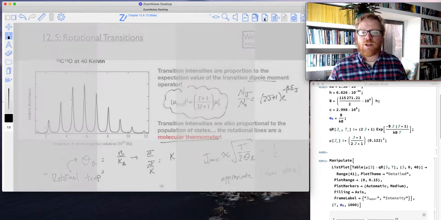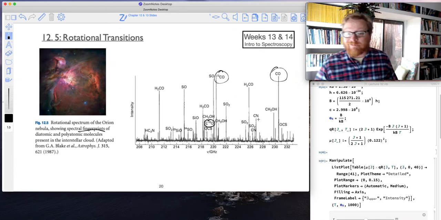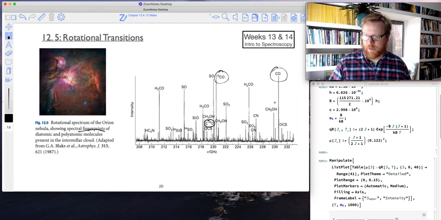And so based on our simulation, we saw that at 2.7 Kelvin, let's call it 3 Kelvin, there is some slight population of carbon monoxide. So we know at the minimum we're at 3 Kelvin or so in the sample.